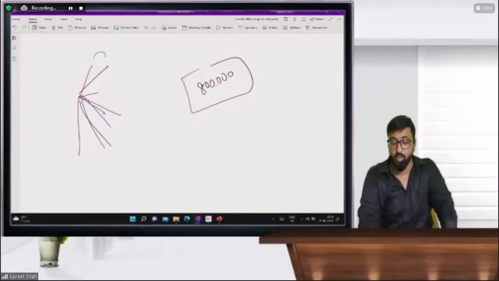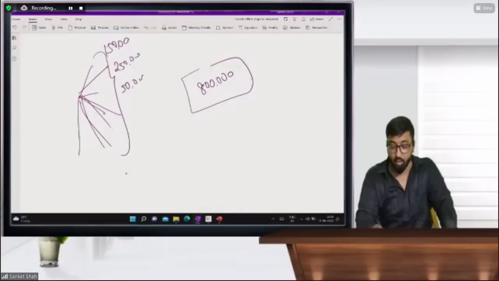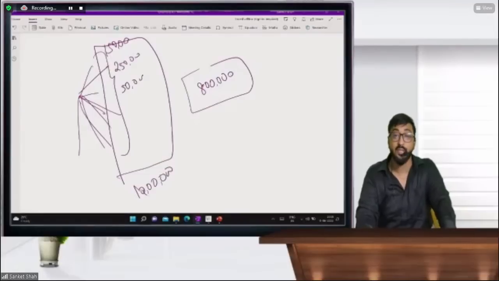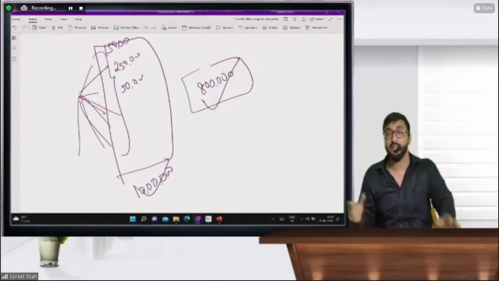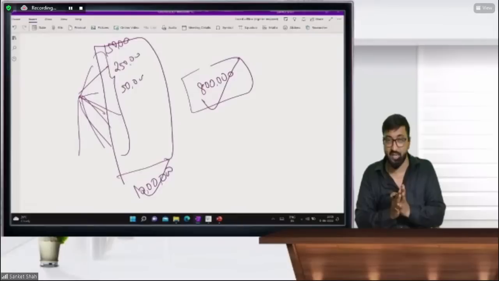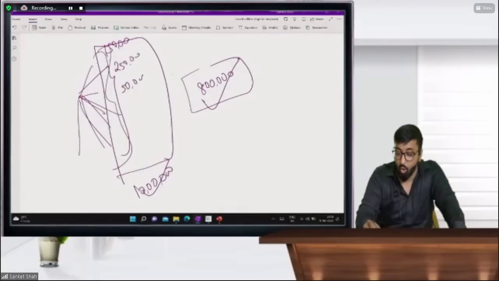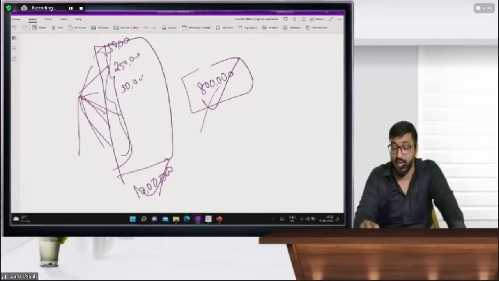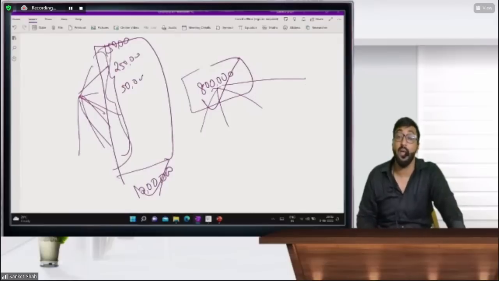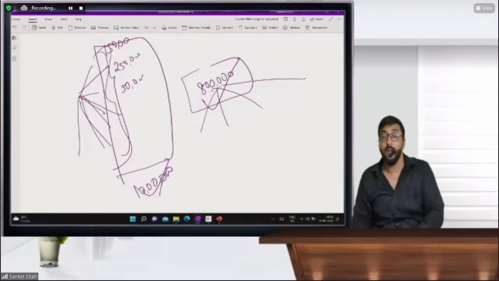Assume the individual prices are 1,50,000, 2,50,000 or 50,000, and the total of these is 10 lakhs. We bought them at 8 lakhs as this is a bunch of all assets. So we will divide this 8 lakhs amount in the ratio of their fair values, as in standalone balances.